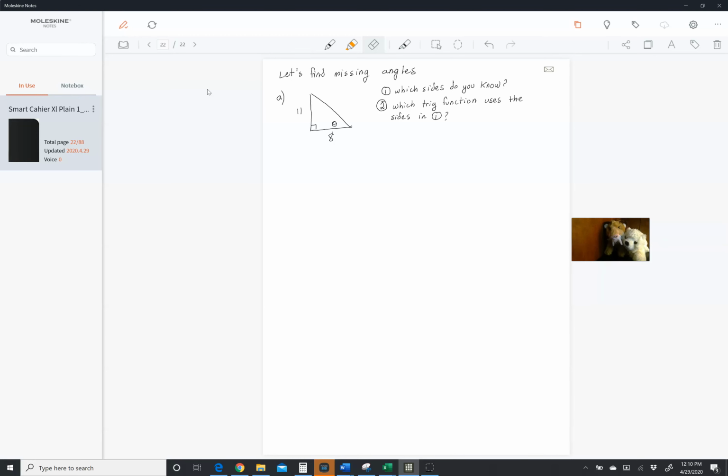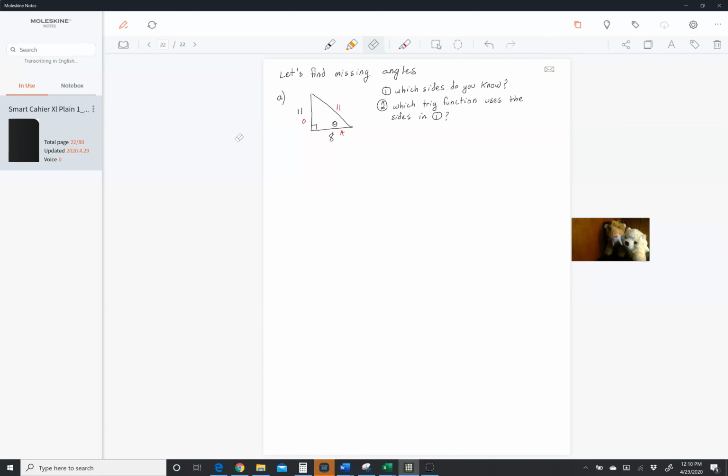So here it's really only 2 questions. So again, you're going to label your triangle. So the 8 is the adjacent, and the 11 is the opposite. The hypotenuse isn't really relevant here because it's not given to you and you're not trying to find it.